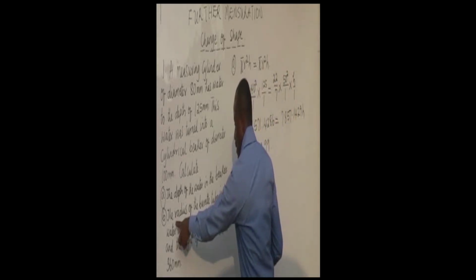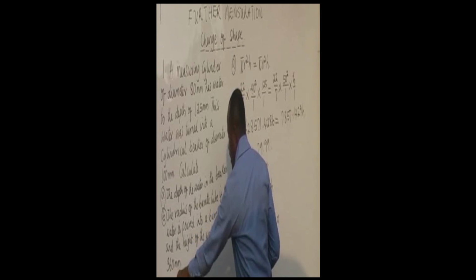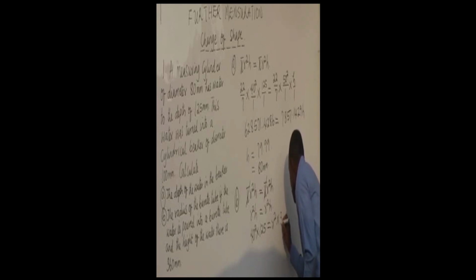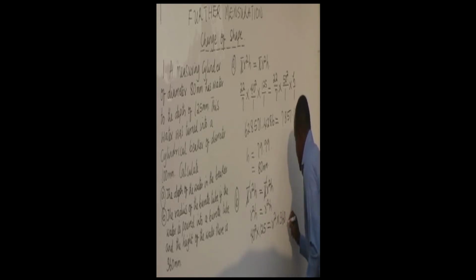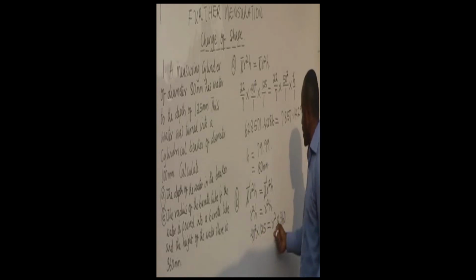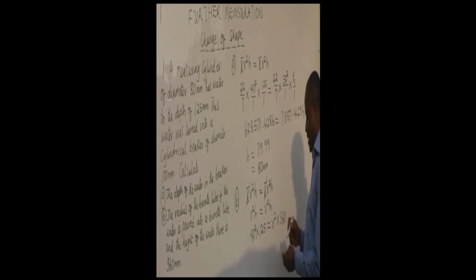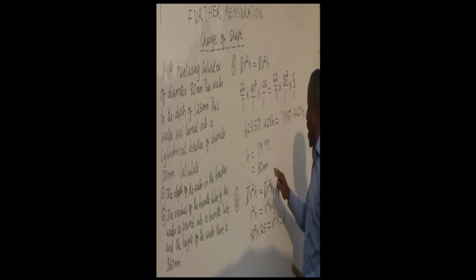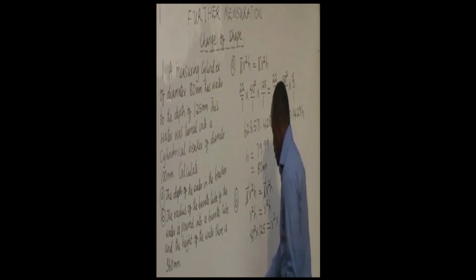They said that the height of the water there is 360 millimeters. So we are going to use 360 to substitute the height. So when you multiply out this, you can find your r squared. And when you find r squared, the square root of the other side will now give you the value of r. Now let's multiply out.